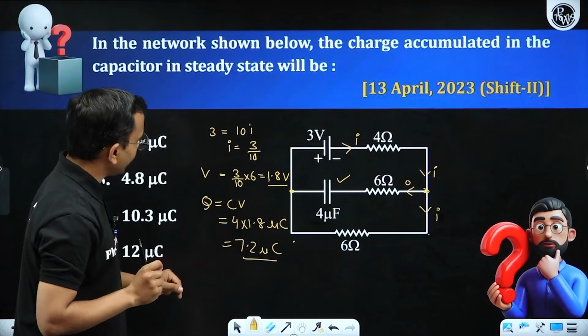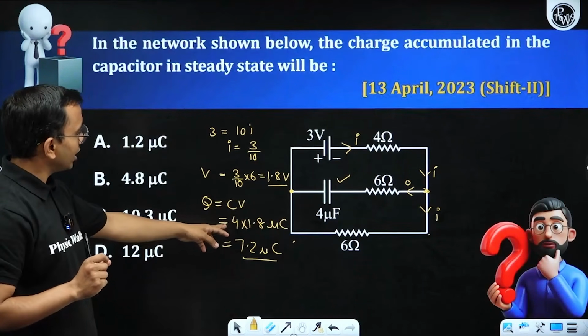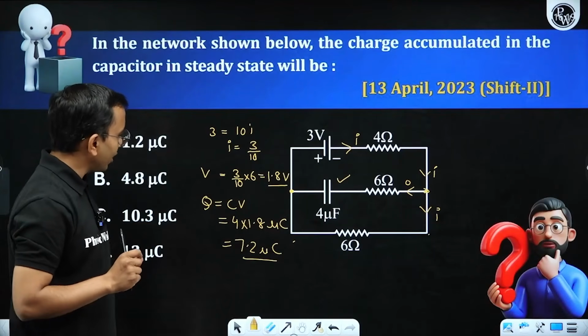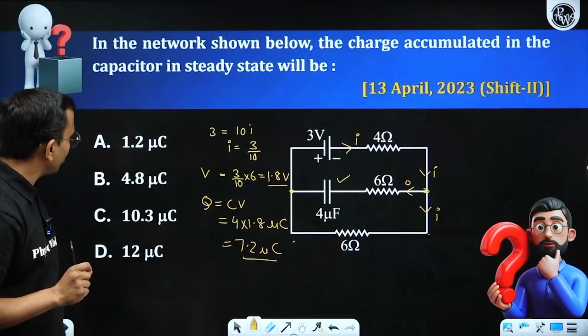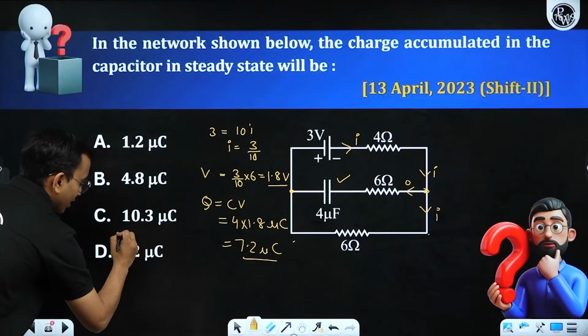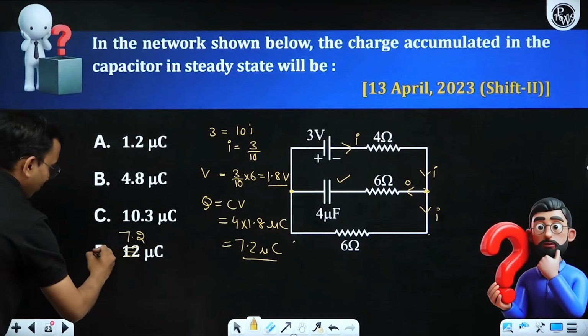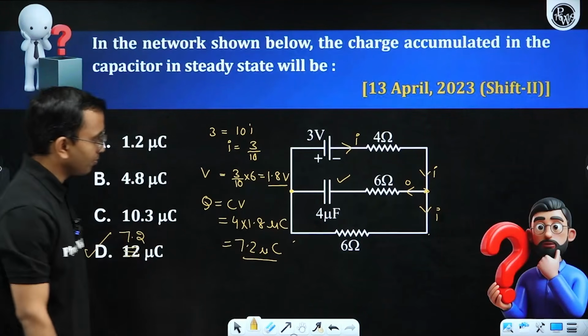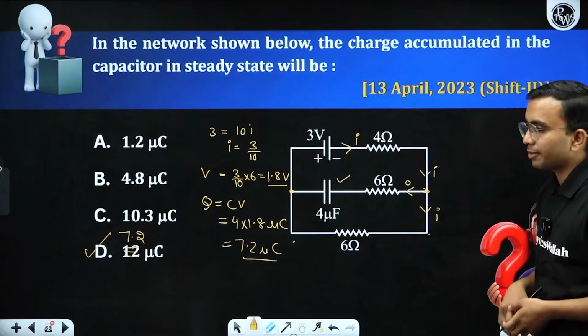That is 1.8. Q, that is C into V. So C is 4 into 1.8. So this will become 7.2 microfarad. Okay, there may be some mistake. Let us write this as 7.2, not farad, microcoulomb. Yeah, 7.2 microcoulomb. There might be some typing mistake here.